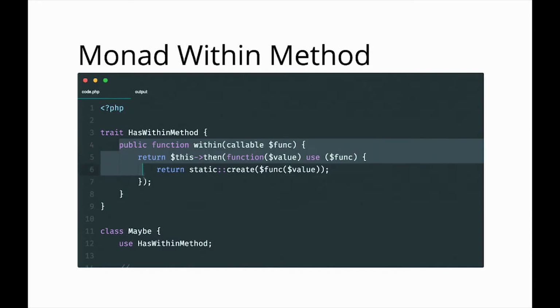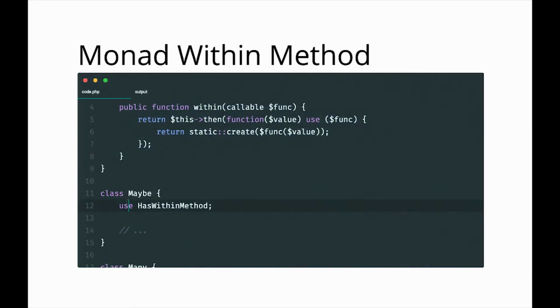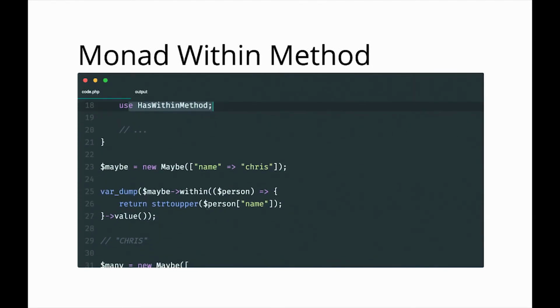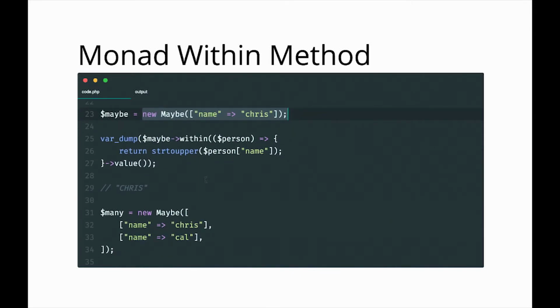We can define it like this, which may not make a lot of sense to you now, but when we add that trait to Maybe, and we add that trait to Many, then we can create our new instances of Maybe and Many monads in a way that makes sense for that monad. This shouldn't be Maybe, this should be Many. We can create our instances of Maybe and Many in a way that makes sense to each of them. However, we can call them with exactly the same function.